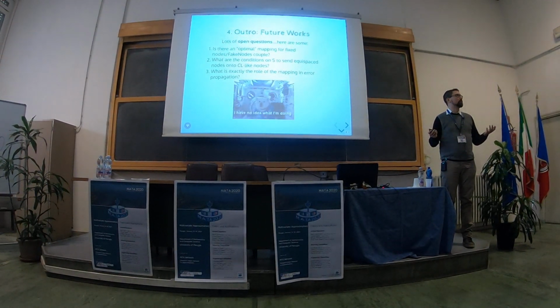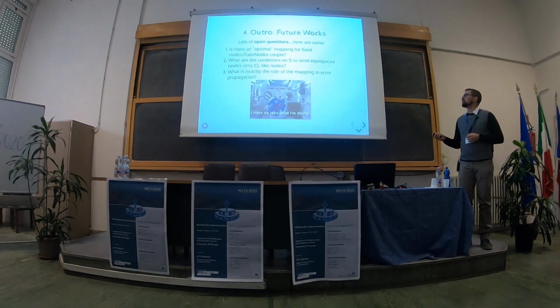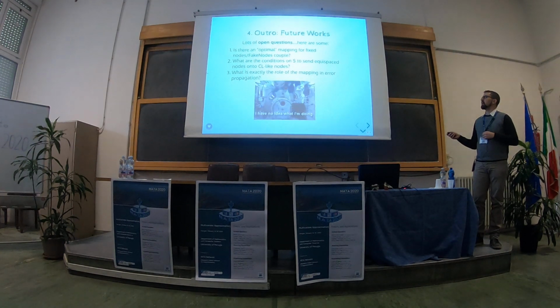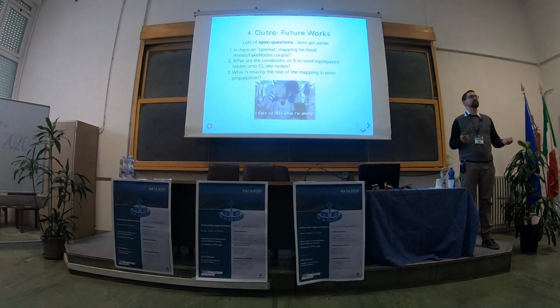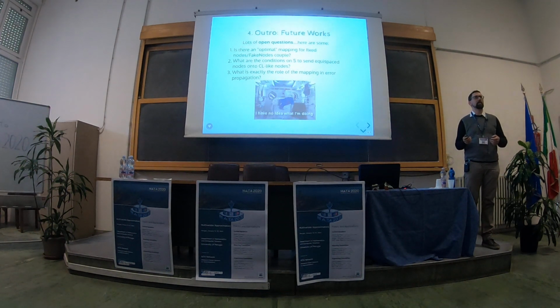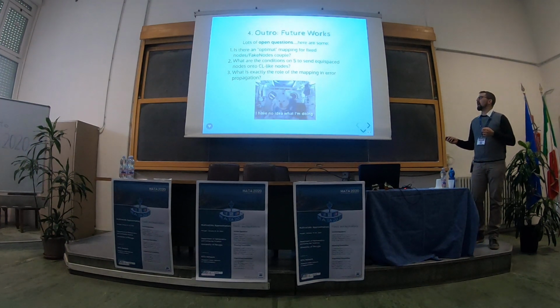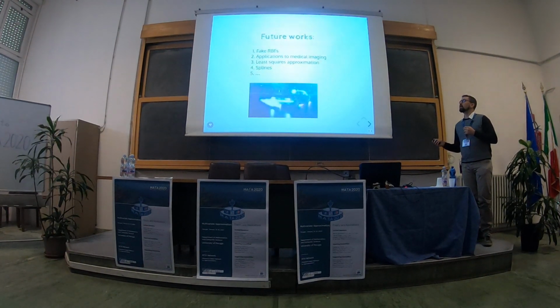There are plenty of ways to do that, and we don't know yet which is better. What are the conditions on the mapping to send equispace points into Chebyshev-Lobatto-like nodes, I mean nodes that have the same growth of Lebesgue constant as Chebyshev-Lobatto? And what exactly is the role of the mapping in Runge propagation?